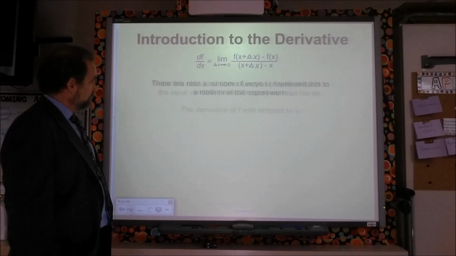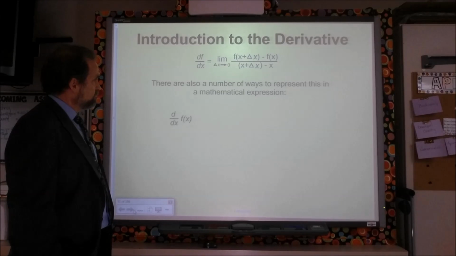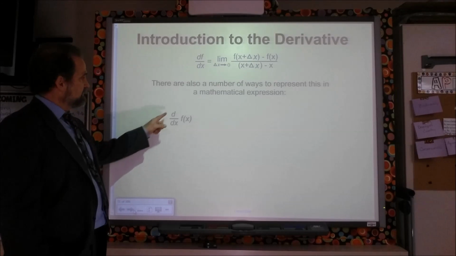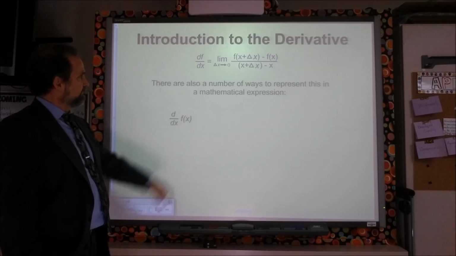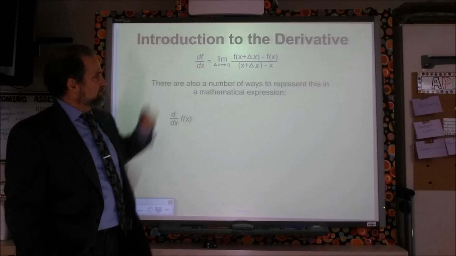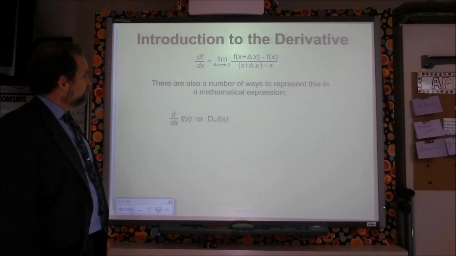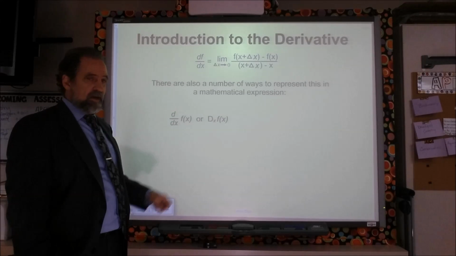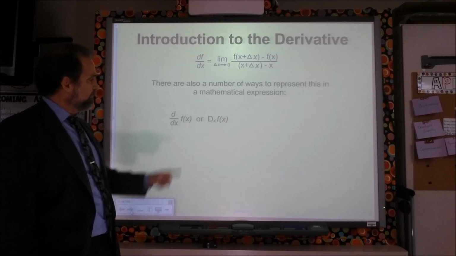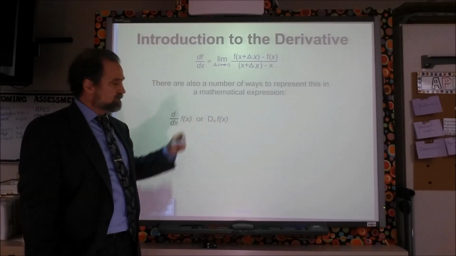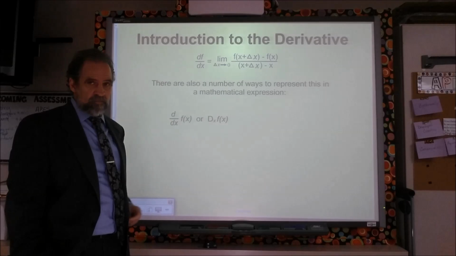And so now we're going to look at the simplification, and you can read through those yourself. There's no reason for me to read to you. But this is the d dx, the derivative with respect to x of f of x. That's the same thing as this. Also, big D sub x, that's the derivative with respect to x of f of x. Again, that's not multiplication. That big D sub x is telling you that's a derivative statement.